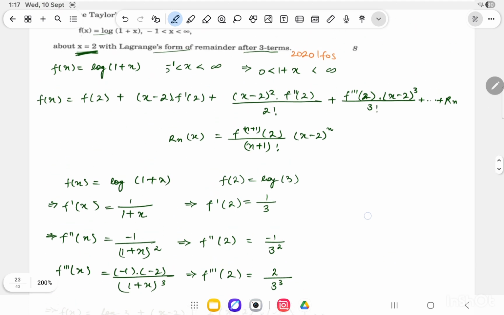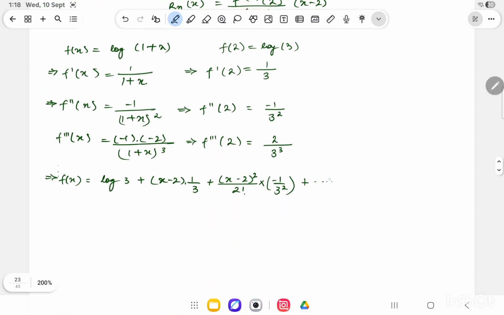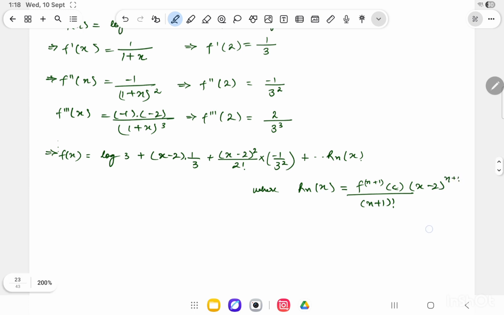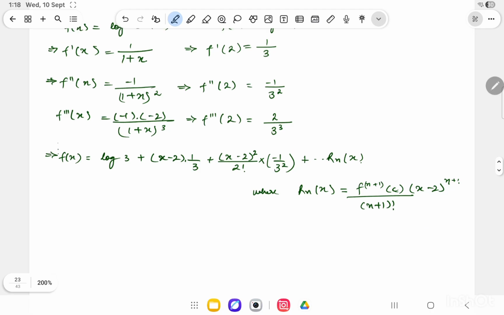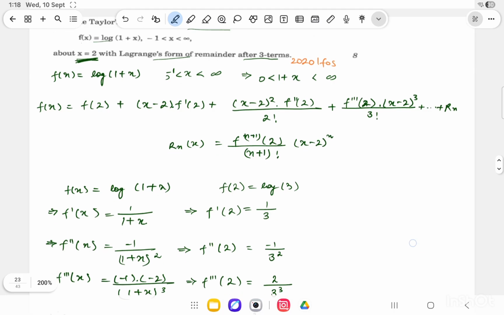We are supposed to find Lagrange's remainder after the third term, so that will be Rn(x) where n is greater than 3. Rn(x), that is Lagrange's form of remainder, is basically f^(n+1)(c)/(n + 1) factorial times (x - 2)^(n+1). So that's the Lagrange's form of remainder for the Taylor expansion of f(x) = log(1 + x).